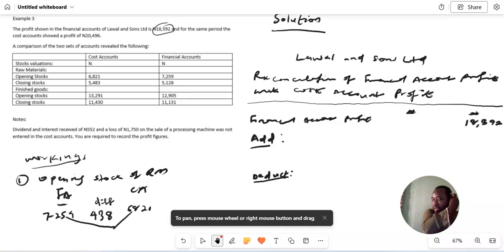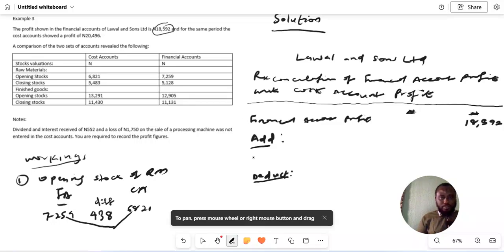What we are simply saying is that the cost of opening stock that we recognize in the FA is higher than what we recognize in the CA. This means that we have to add back the difference in the opening stock of raw material to the financial accounting profit, because we have over-recognized the opening stock of raw material. So let us add that back.